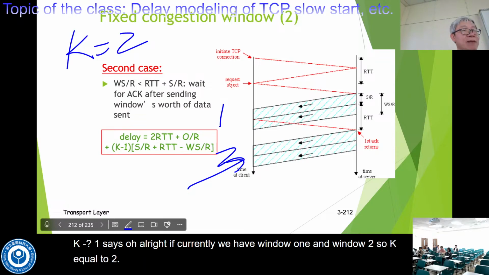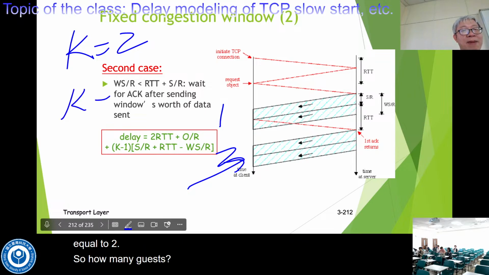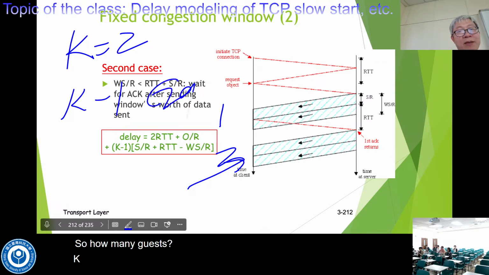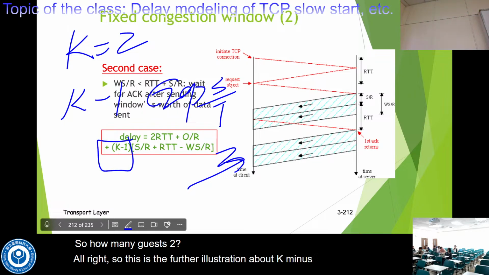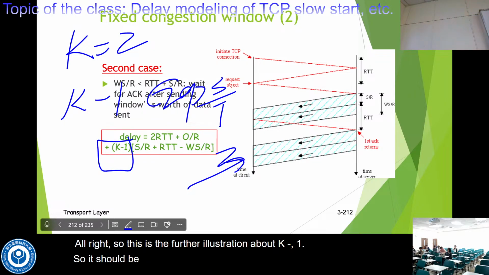So how many gaps? K minus 1 gap. And likewise, you can have 3. So how many gaps? 2. Alright, so this is the further illustration about K minus 1. So it should be okay, right? K minus 1, this idea.